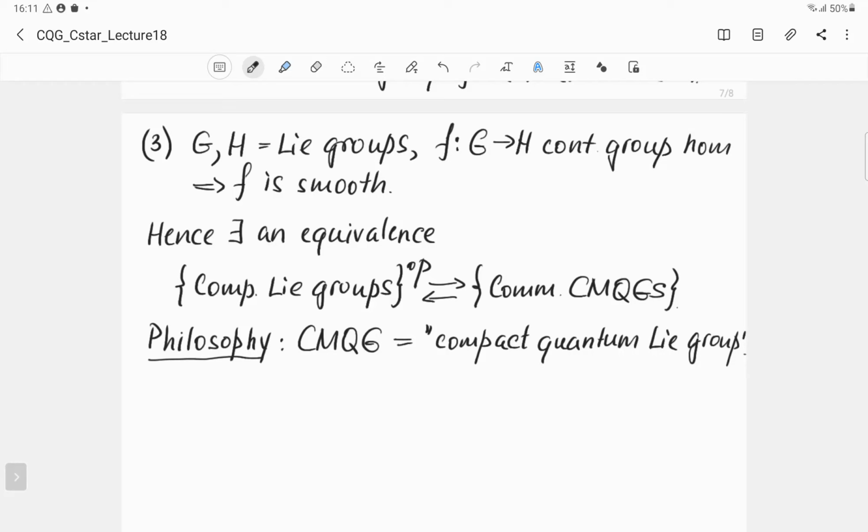So after finitely many steps, we get a decomposition of our space into finitely many irreducible subspaces. So this resembles a classical theorem from the representation theory of compact groups.